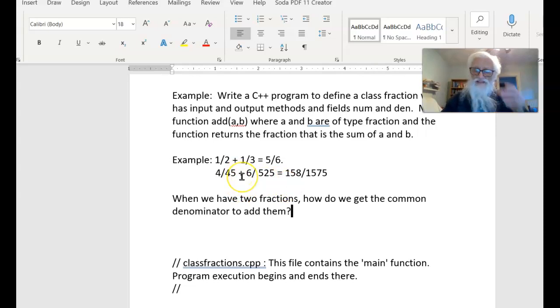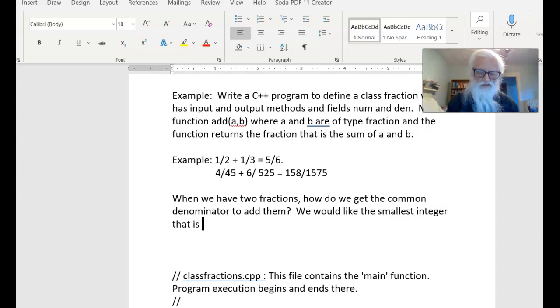I'd rather get something else. Now, what I would like to get, we would like the smallest integer that both denominators divide.